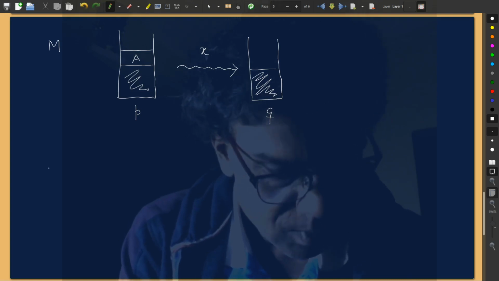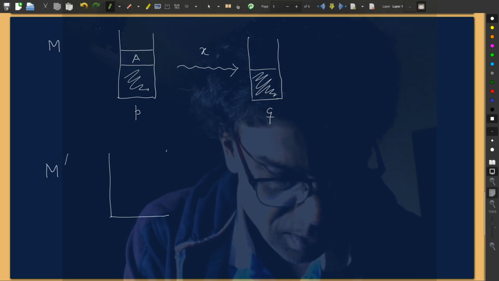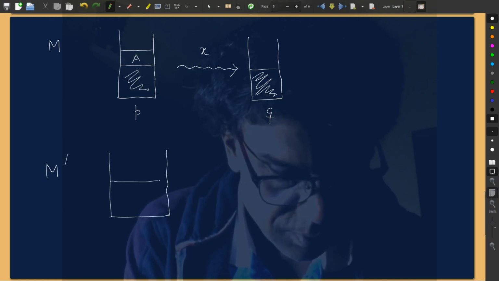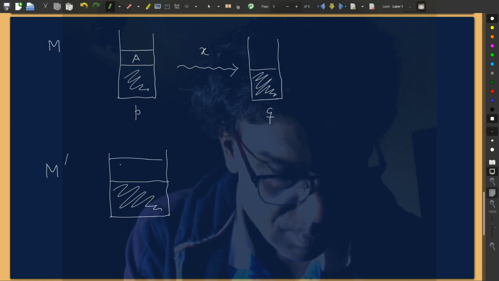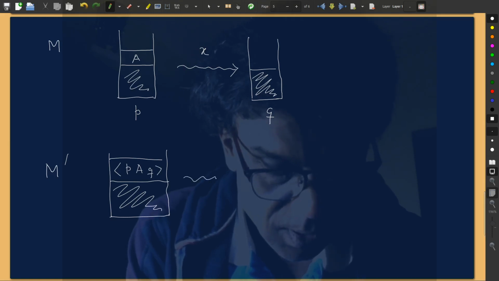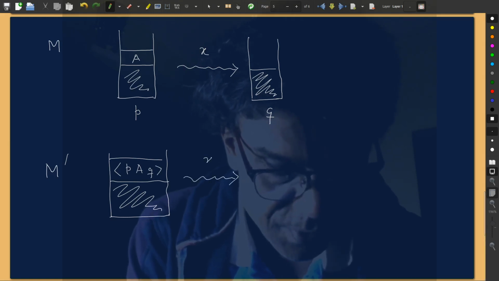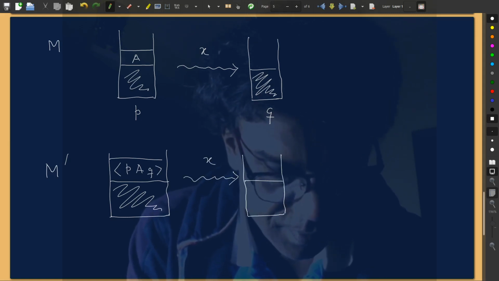Correspondingly what happens in M prime, it has its stack consisting of triples. So there is something here, you have this triple P A Q here. You read essentially the same string X and get rid of this symbol.